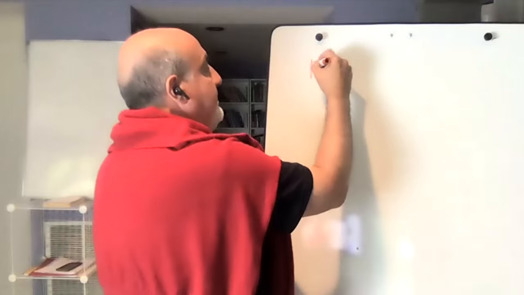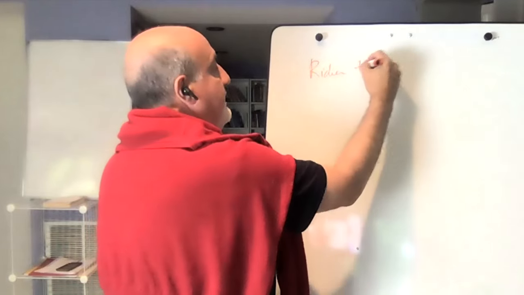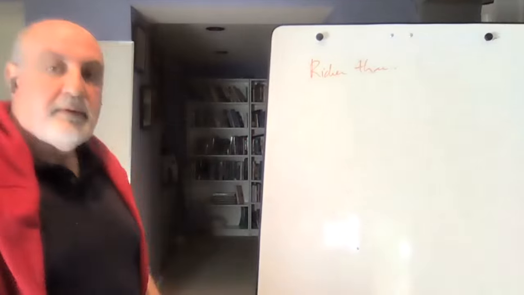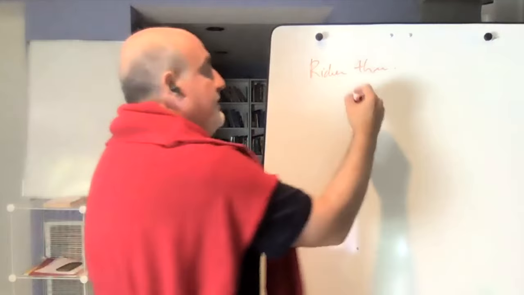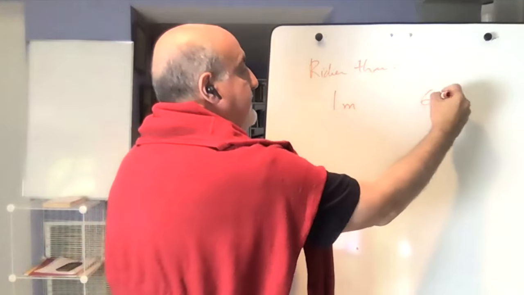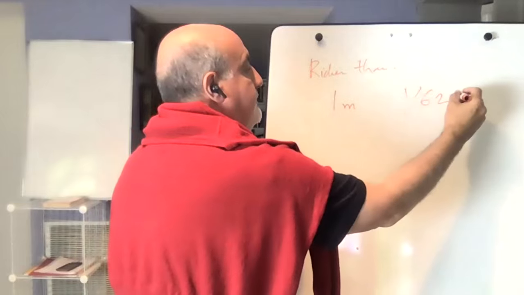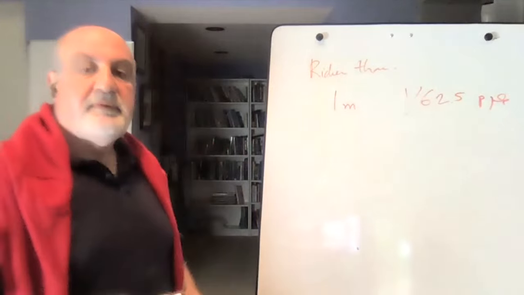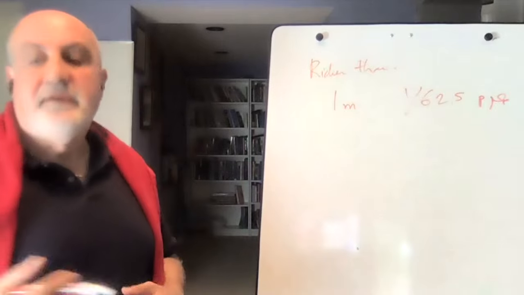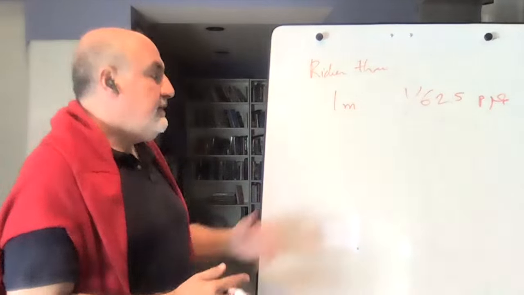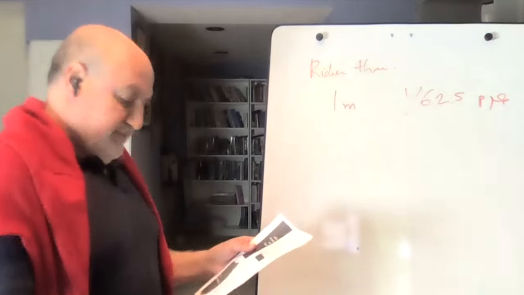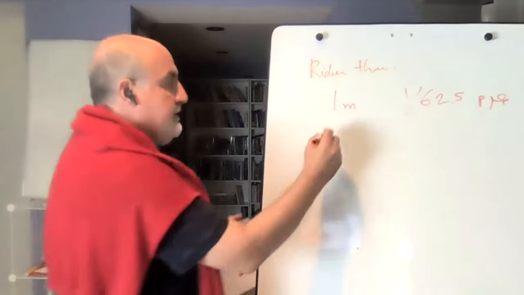Let's say I tell you how many people are richer than, okay, I take 1 million, 1 in 62.5 people. Let's assume that, maybe not right, maybe soon with hyperinflation it'll be 100% of the people, but let's assume that works.